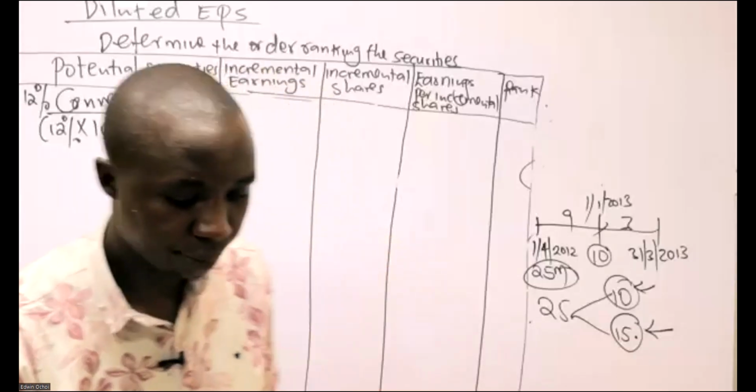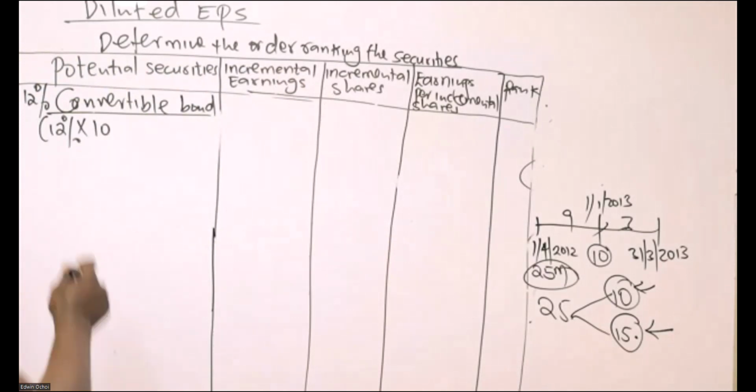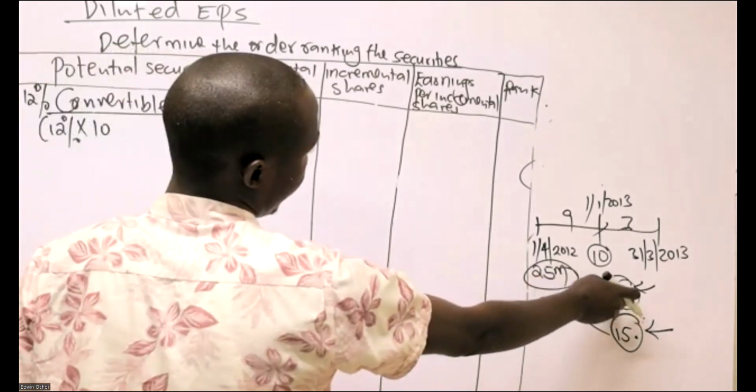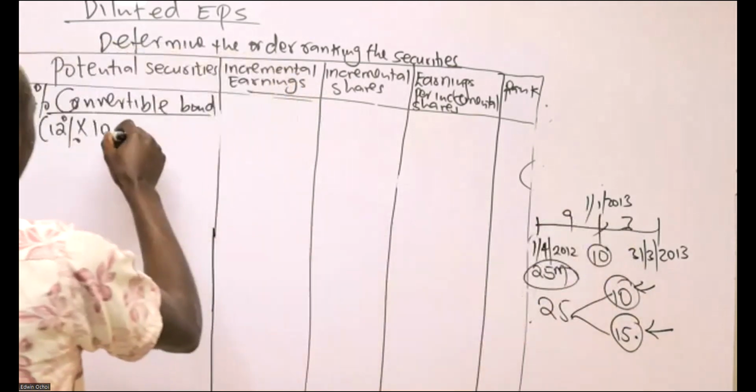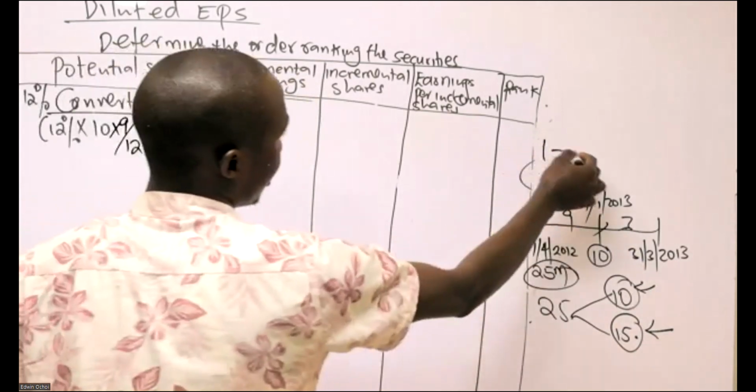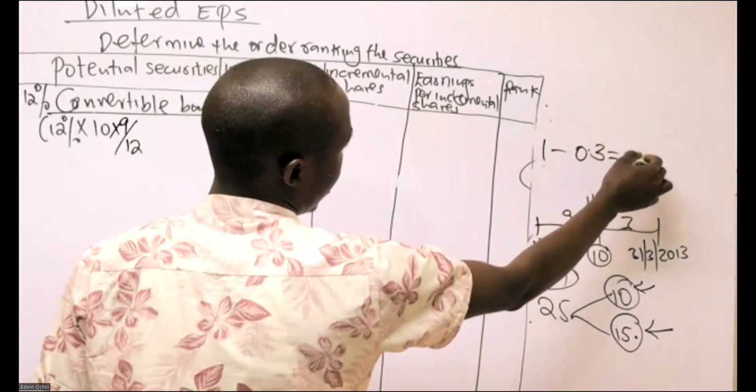So up to the time of conversion, 12% times 10, we prorate. So we say it net of tax: 1 minus tax, 0.3, so 0.7.